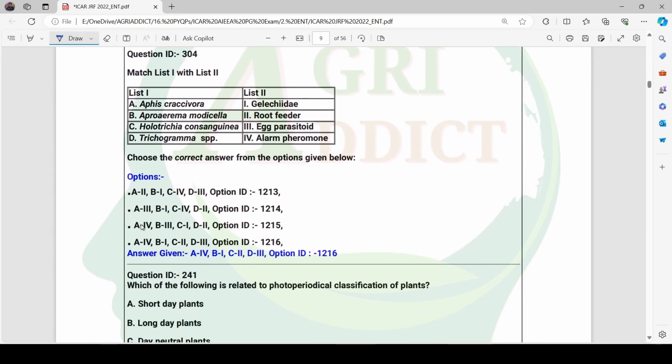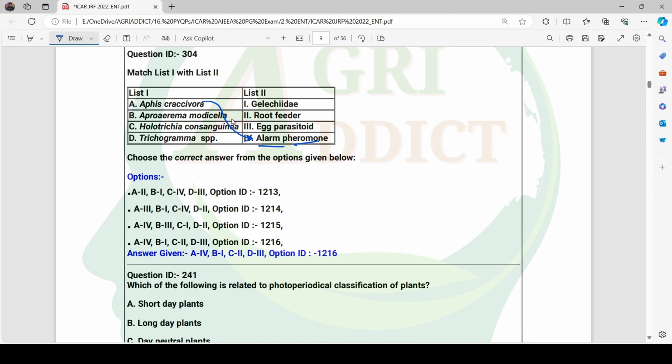Next question, another matching. There are several insects and several types in the list 2 are given. You just have to match the correct one. So first is Aphis craccivora. Aphids mainly secrete alarm pheromone when they are alarmed or provoked.